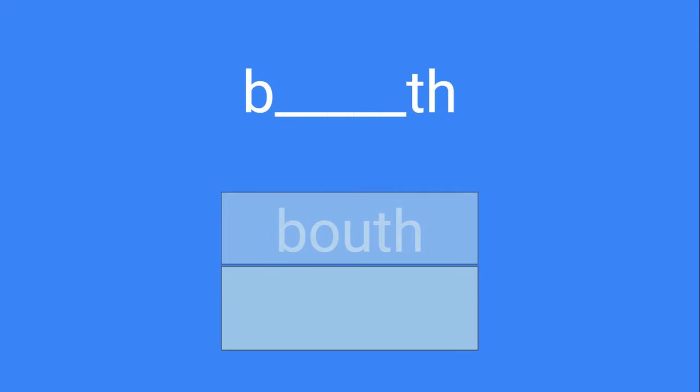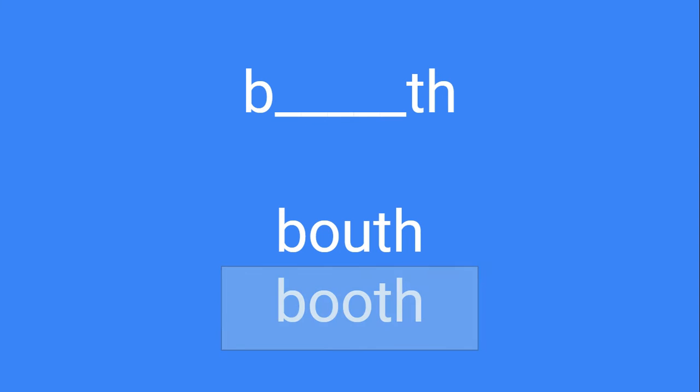All right, so here are our two options. Is it booth like this, or is it booth like this? Which of these is the correct way to spell booth? Both OU and OO make the oo sound, but which one is the one that we want to make this word correct?